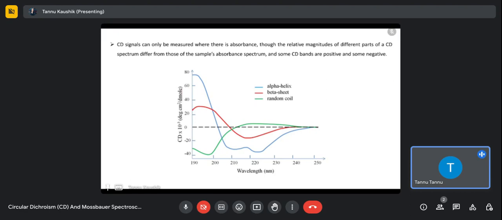So this is the kind of CD spectra we obtain for a protein.